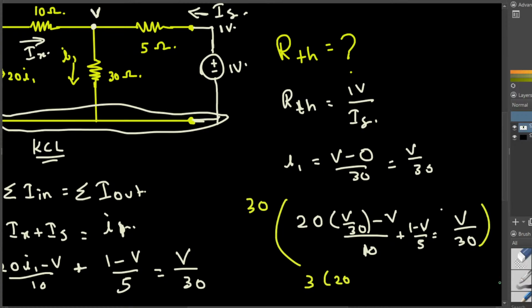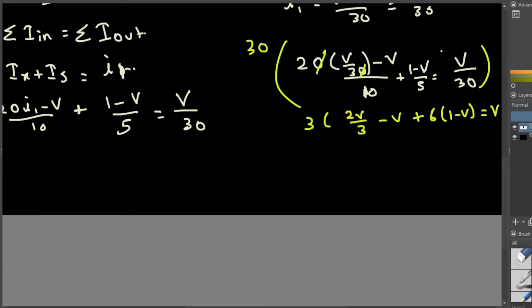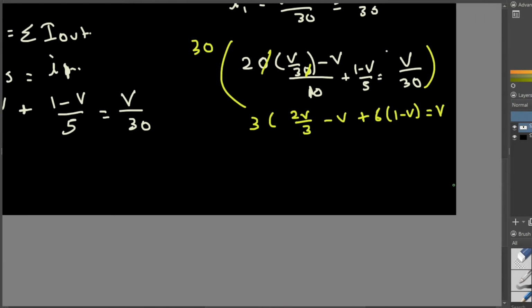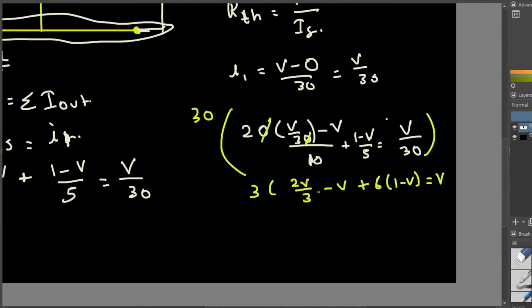It's better to simplify this one first and then apply. So if I simplify this one, 2V over 3, we get 2V over 3 minus V. And here, if I multiply by 30, this is going to be 6 times 1 minus V, and on the other side we're just going to have V. Let's simplify this further.